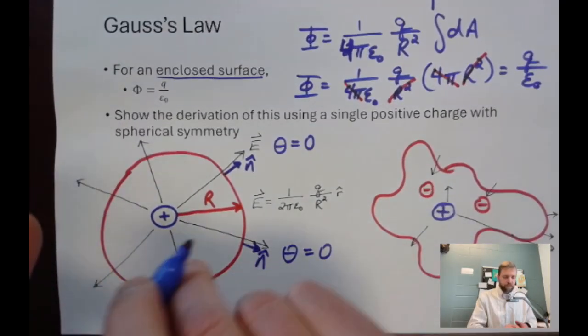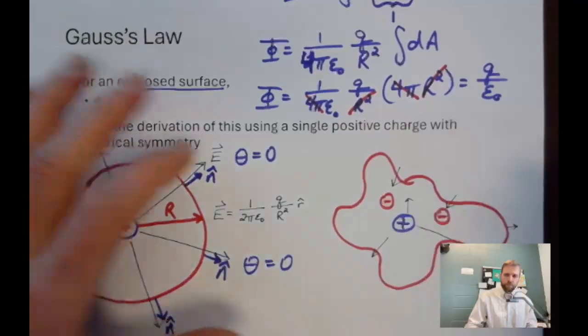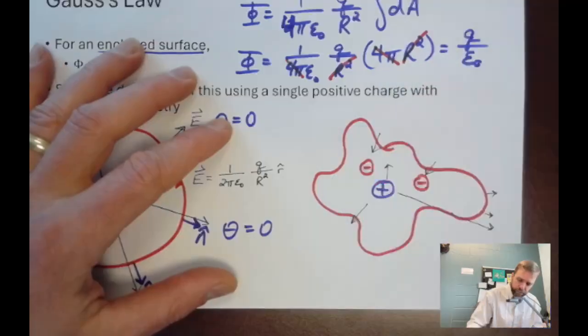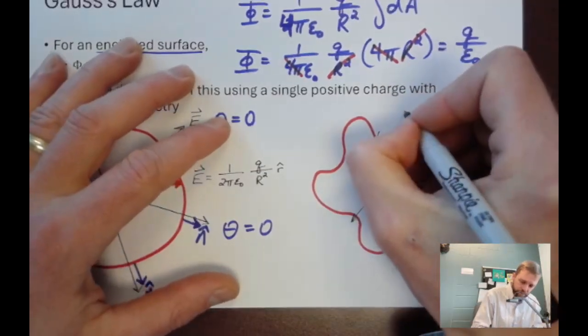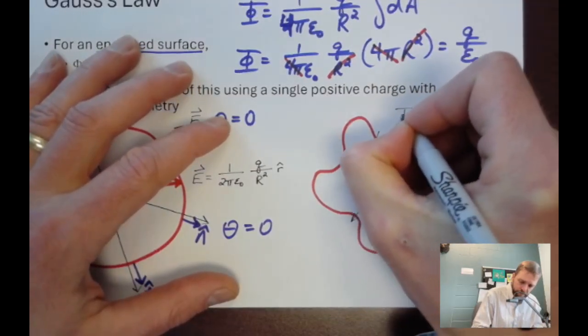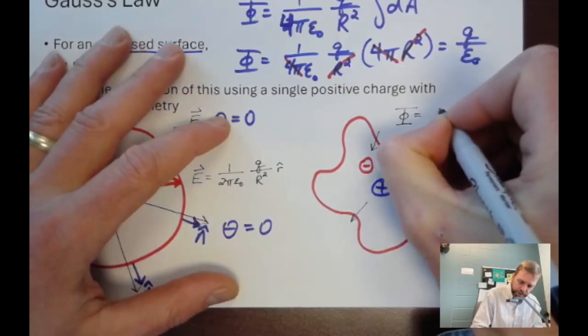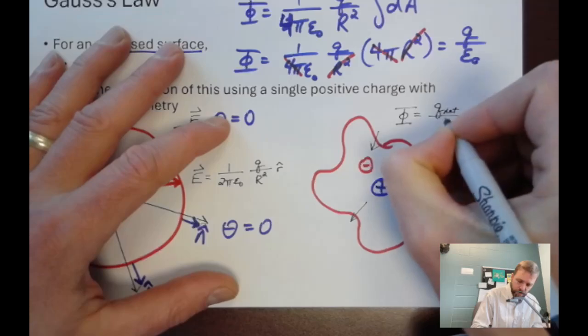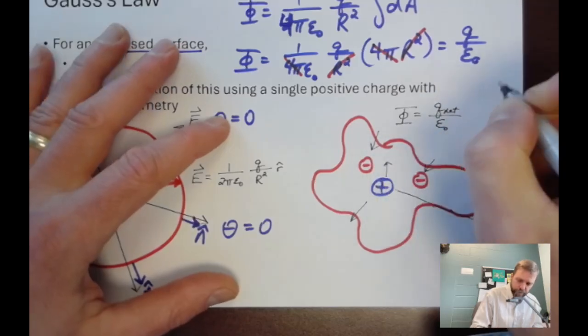This is Gauss's law in a nutshell: the overall flux for this case is the net charge over epsilon naught.